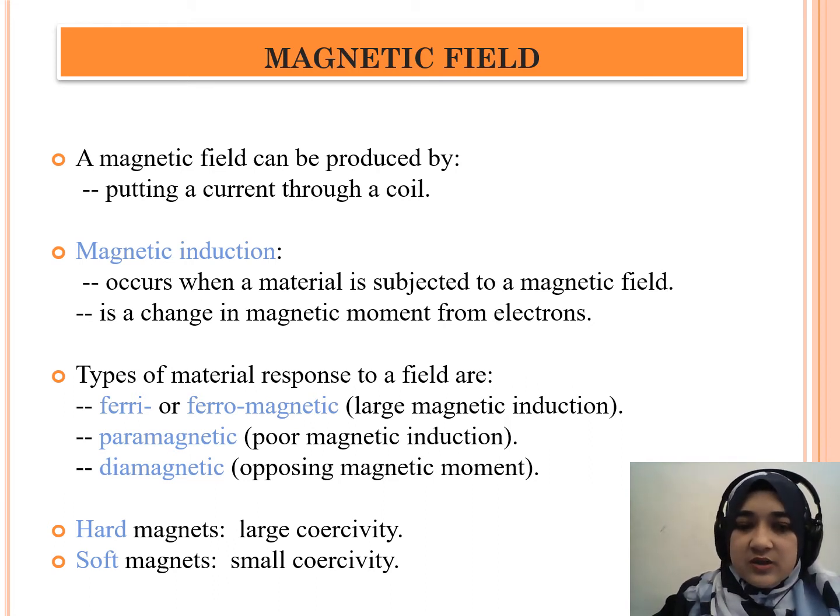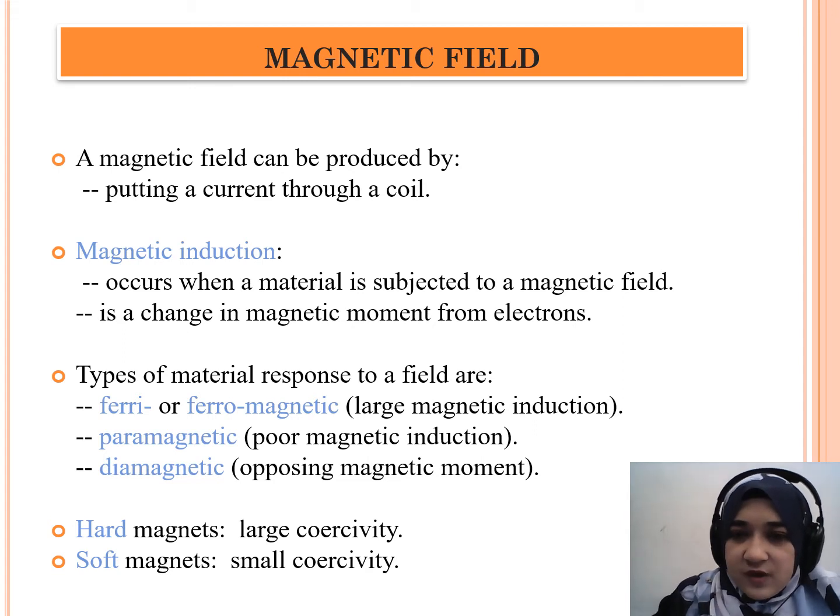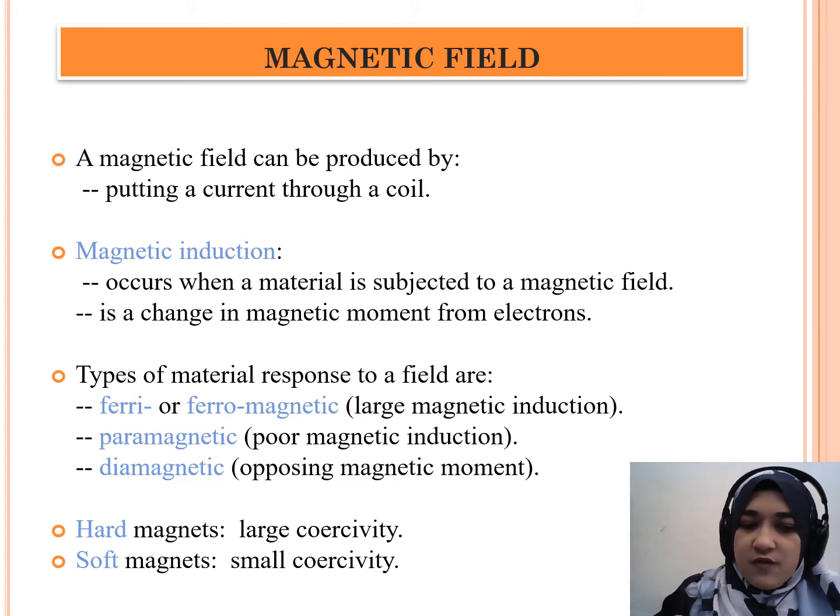It is the resistance of a magnetic material to change in magnetization. When there is large coercivity, it's difficult to change the magnetization, so it's difficult to demagnetize. In other words, coercivity is the intensity needed to fully demagnetize a fully magnetized material.